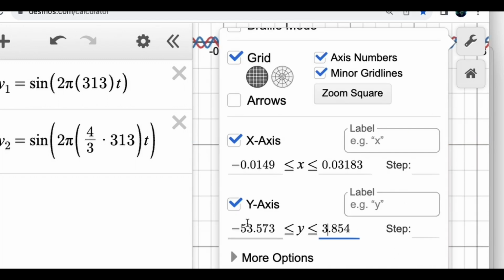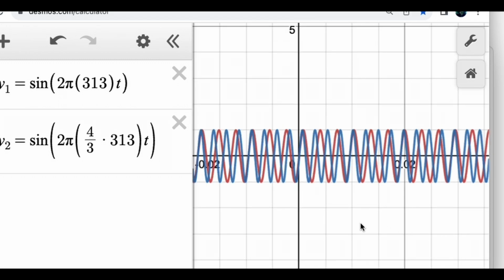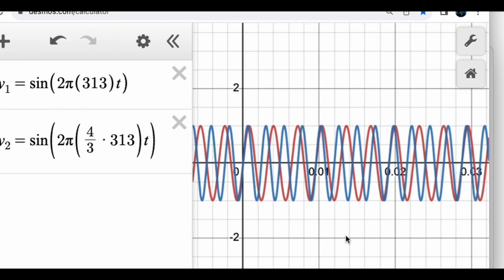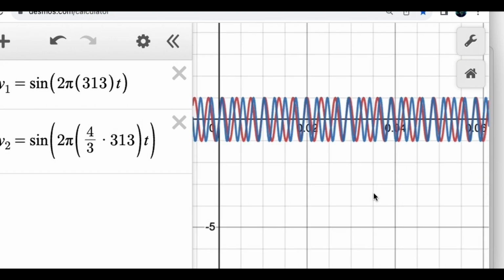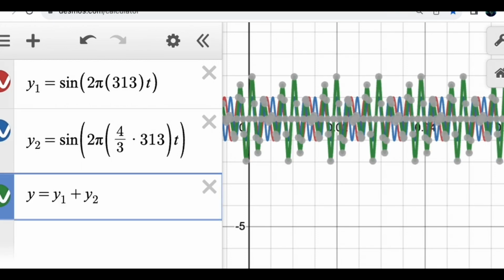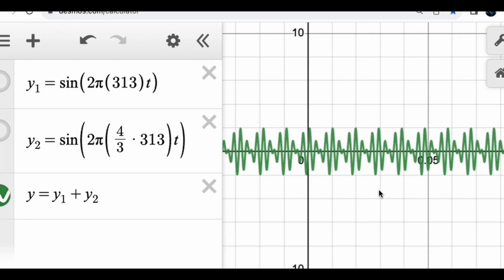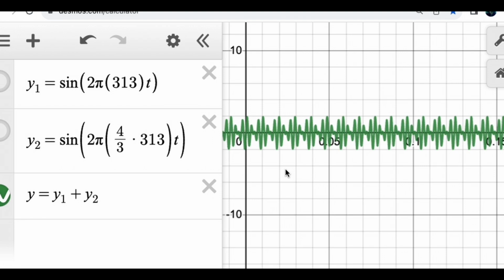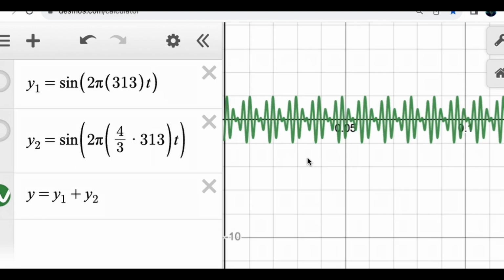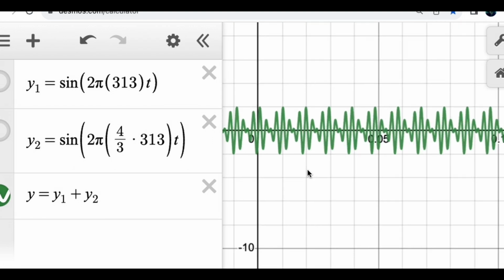Okay, do you see some kind of repetition? It's a little tough to tell when they're just side by side like that, so let's add them together. Okay, so pretty rhythmic pattern. This has something to do with why the ear likes it, and it doesn't like other things.